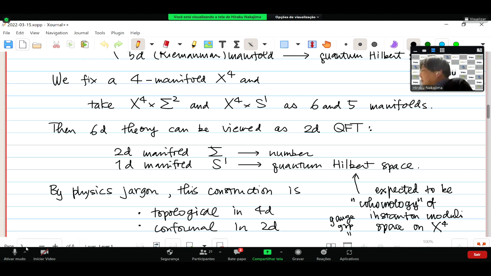Of course, I say that this should be understood as a cohomology. This assignment should be regarded as the cohomology of the instanton moduli space. But why this instanton moduli space has something to do with S1, that I don't see.